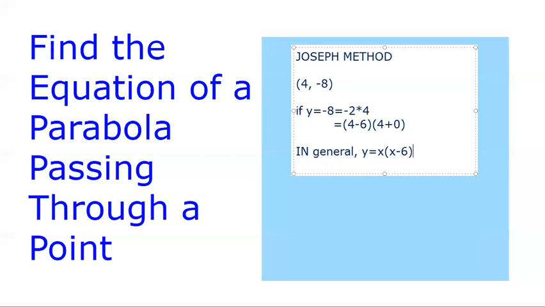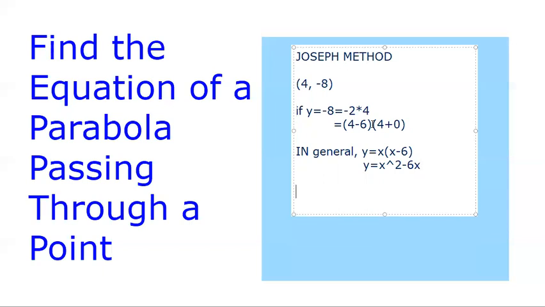So now we multiply out to get the actual parabola in standard form. So y, instead of factored form, is equal to x squared minus 6x. Okay, so that is our equation of a parabola passing through the point 4, -8. And then you can always put in 4 to do the check. 4 squared is 16, 16 minus 24 is going to give you that -8, okay?